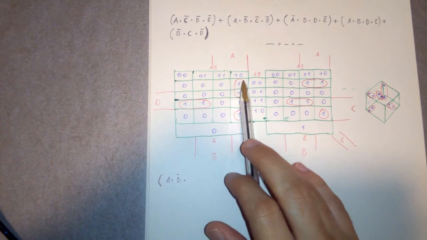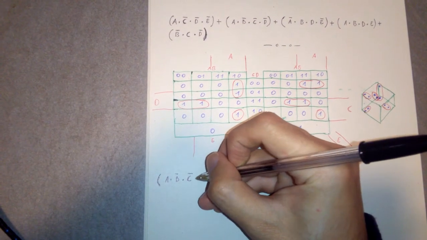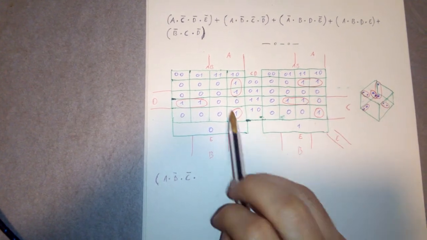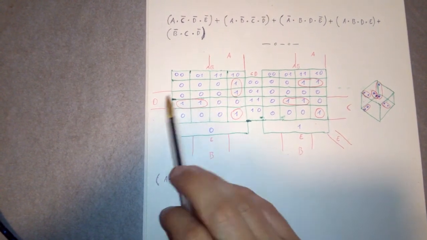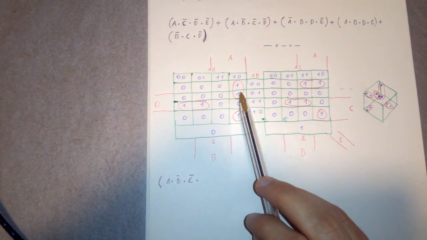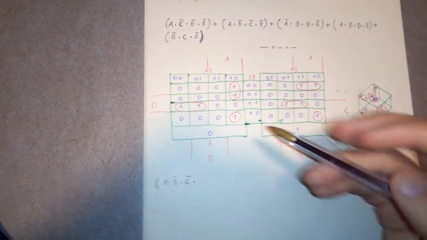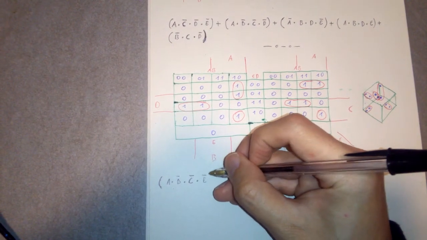It's completely outside of C, so we have C naught. It's half inside and half outside of D, so we're going to leave D alone. And it's completely outside of E because it's on the bottom plane. So E naught.